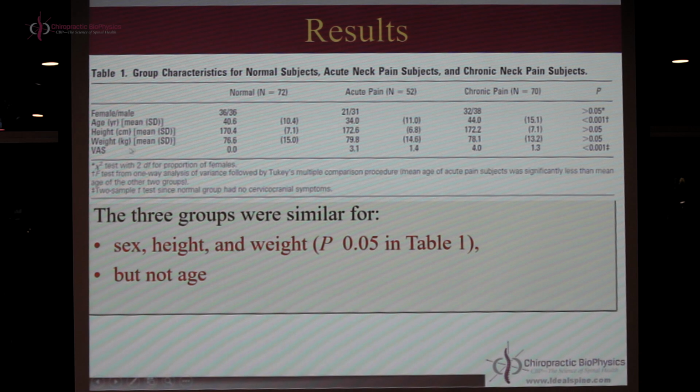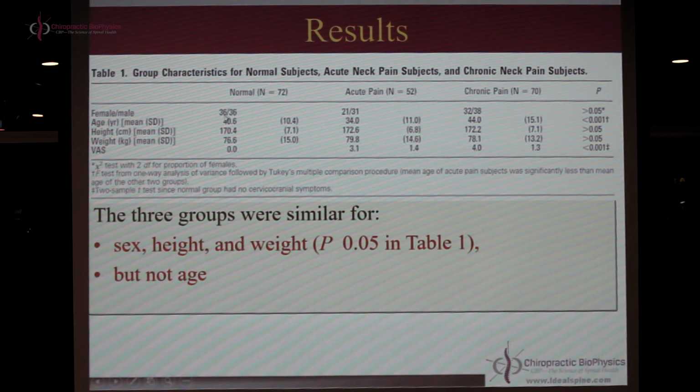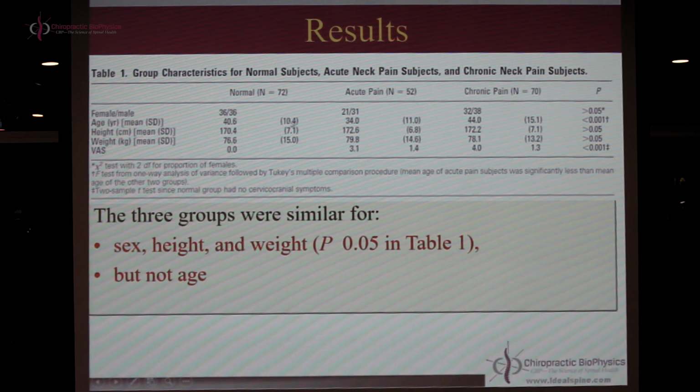Now, this is just group variations in age, weight, height, sex, and then their pain scale. So looking at this, here's my normal subjects up here, and I know the table's a little small, but you should be able to see it. 72 normal subjects. We had 36 men, 36 women. Their average age was just over 40 with a standard deviation of 10.